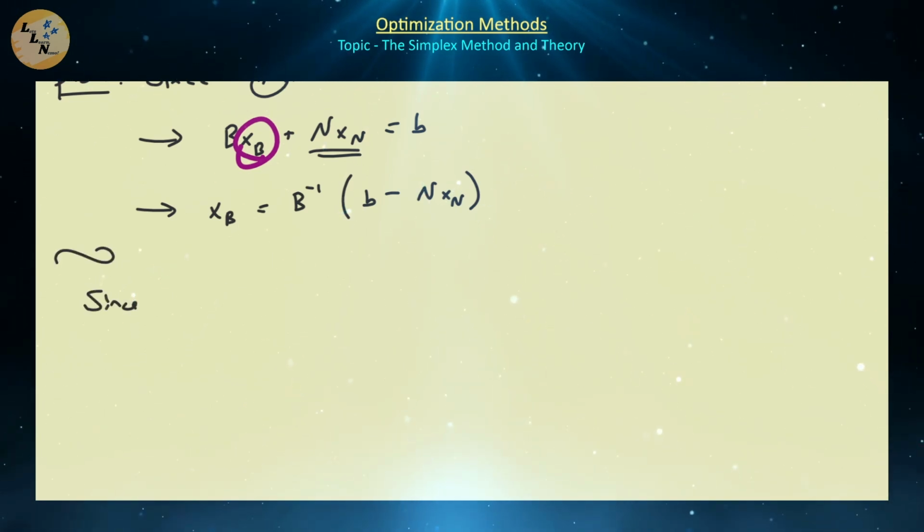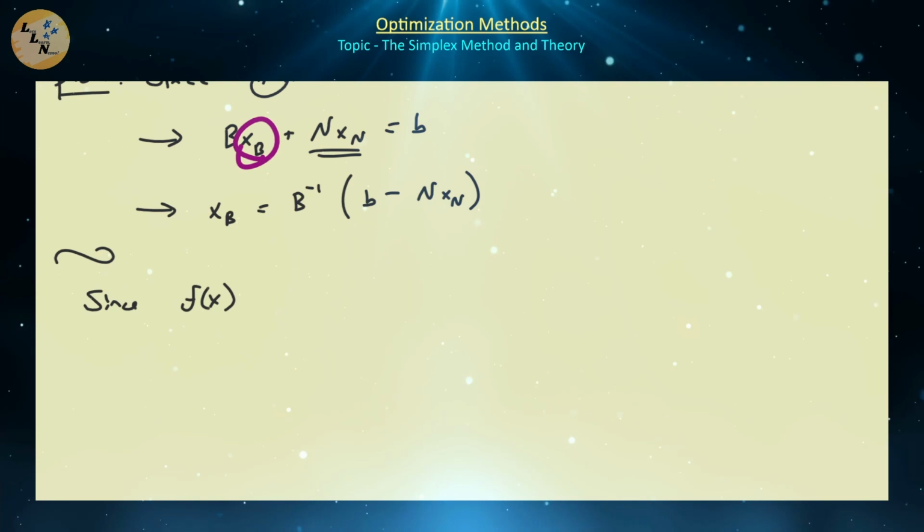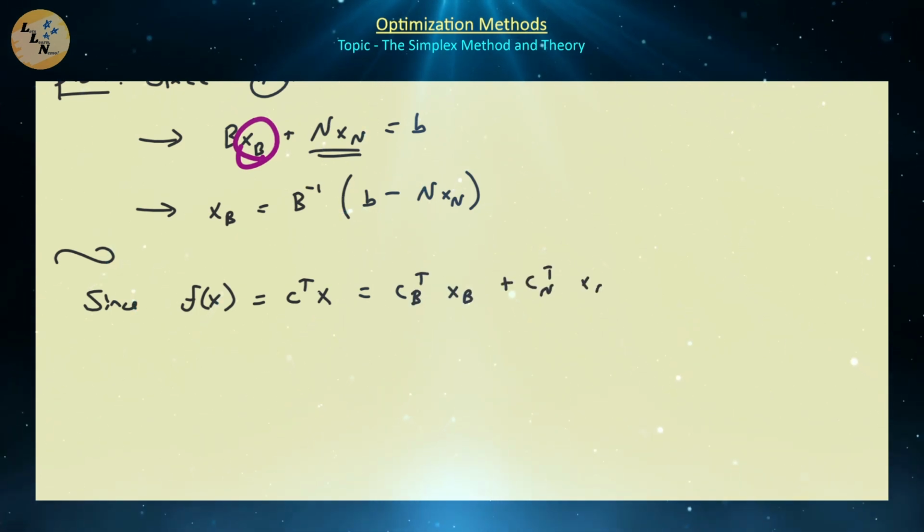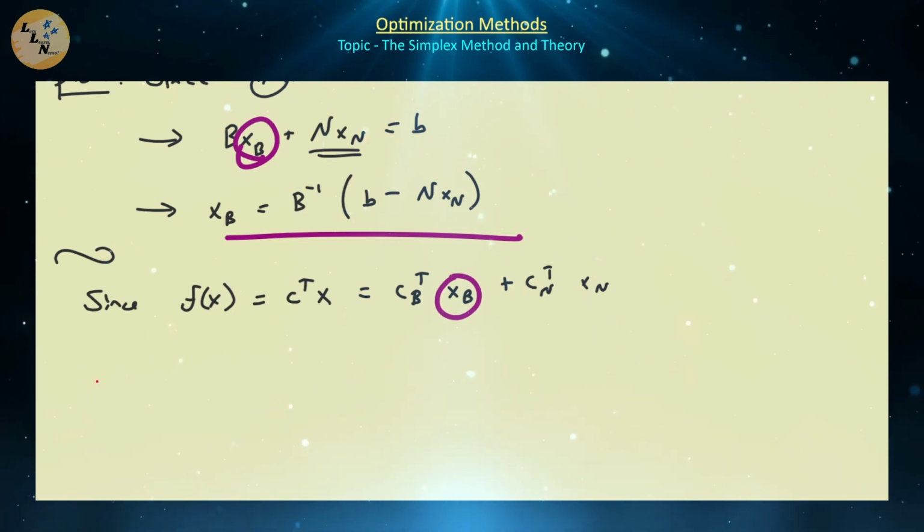Since our objective function, which in its original form is c transpose x, can be decomposed into the form cB transpose times xB plus cN transpose times xN, we can replace xB with this expression which we have right here. So that's going to give us what?